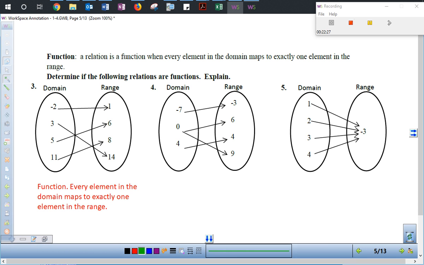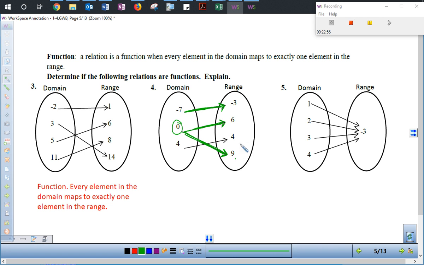Now let's look at number 4. On my domain, let's start with -7. -7 maps to -3. That's exactly one element in my range, so we're okay. Now if I look at 0, 0 is mapped onto 6, and 0 is mapped onto 9. If you'll notice, 0 in the domain is paired with more than one element in the range.